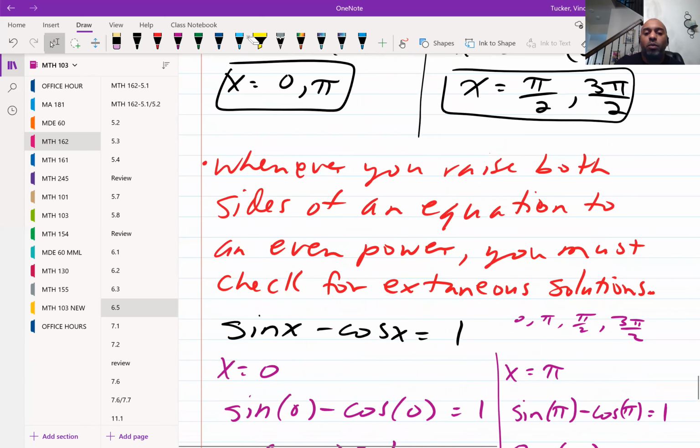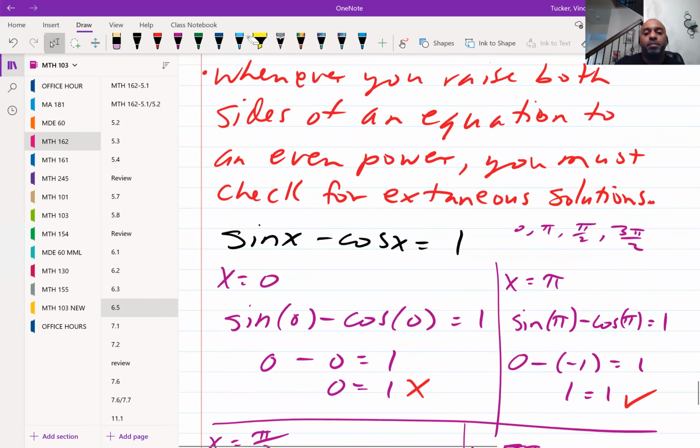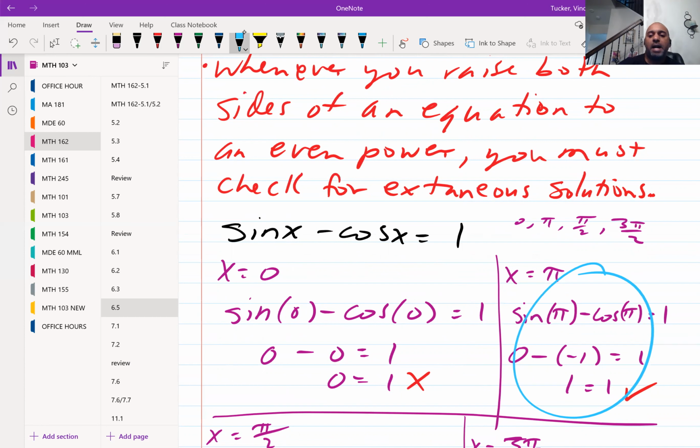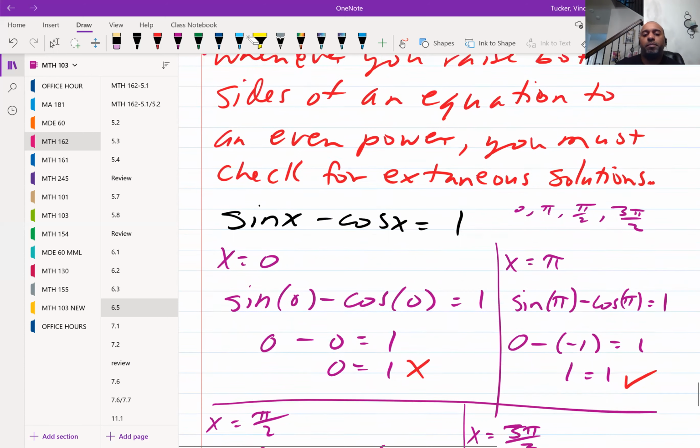All right. So we go plug them into our original equation. And you see the first one that we try, plugging in 0. Sine 0 minus cosine 0 gives 0 minus 1, which is not equal to 1, so that doesn't work. Plugging in pi, that ends up working for us.